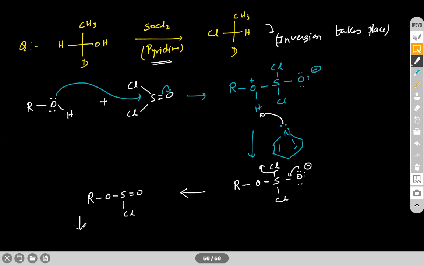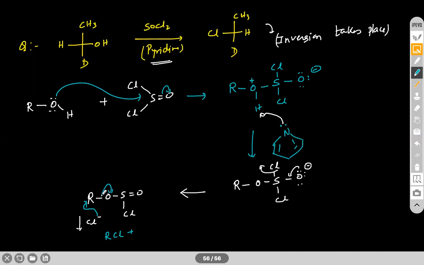And in the next step, this Cl minus which comes out here behaves as a nucleophile and attacks this carbon atom. And this bond pair is taken up by this sulfur. Okay. So this converts into RCl, right?